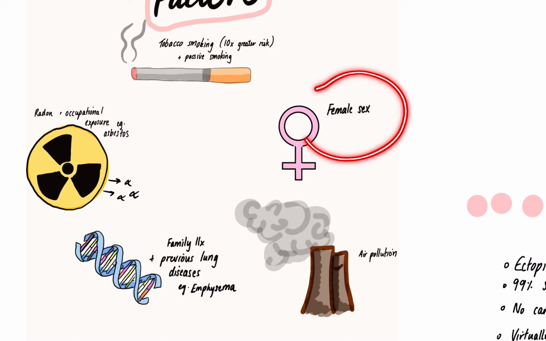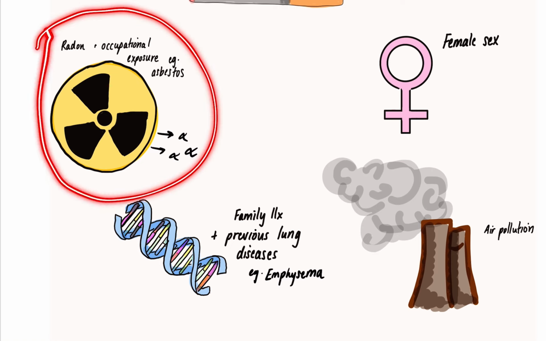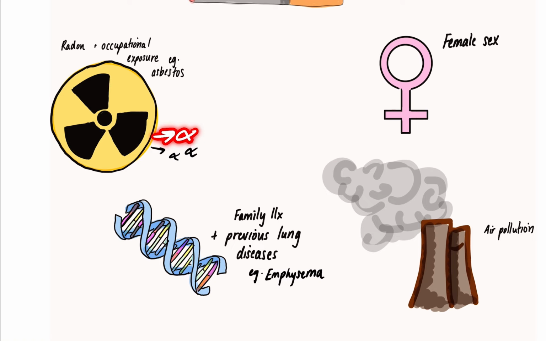Interestingly, if you're a female, you're actually more likely to get lung cancer. If you live in a place with air pollution, like metropolitan cities with a lot of high density roads, if you have exposure to radon gas, which can decay into alpha particles, and these can damage DNA.